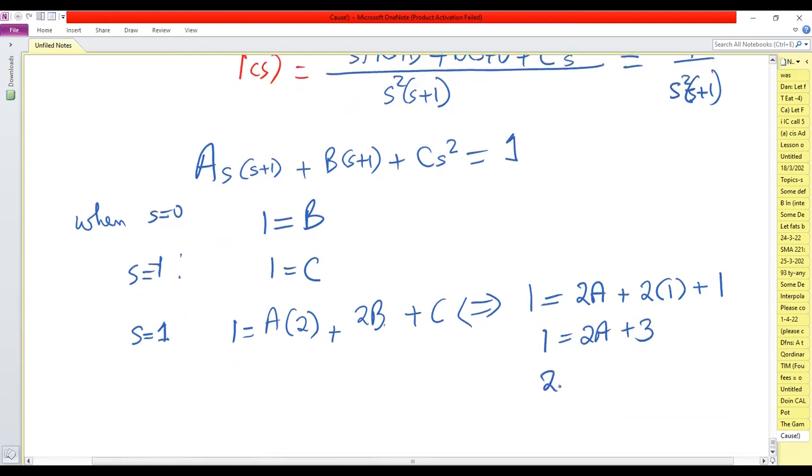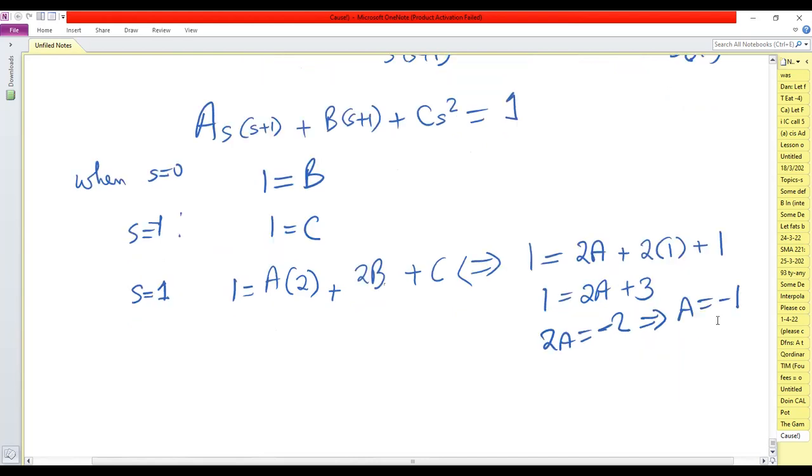So 2A equals to 1 minus 3, which is -2. So this means that A is -1.